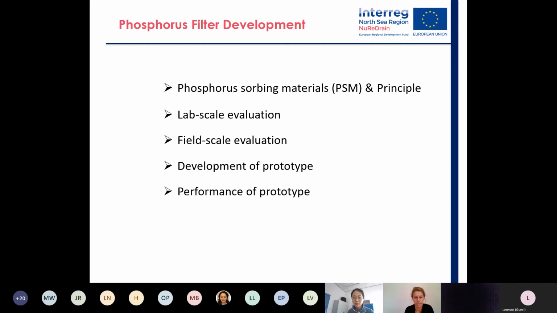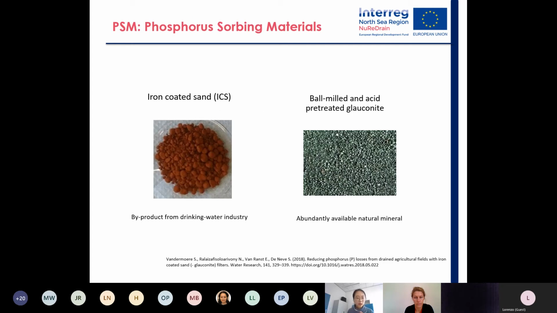For the P filter development, I will cover in the coming slides P sorption materials and principle, lab and field scale evaluation, development and performance of the prototype. P sorbing materials showing the best P removal are often rich in iron, aluminum, calcium content with large specific surface area. For example, iron-coated sand, which has been mentioned previously, is a byproduct from the drinking water industry, and glauconite is a naturally available mineral.